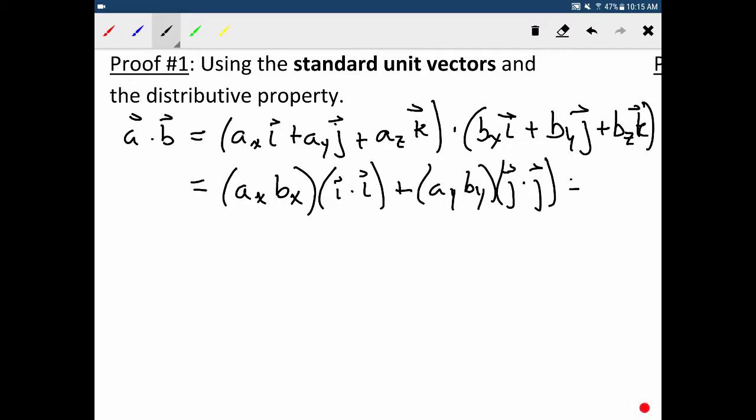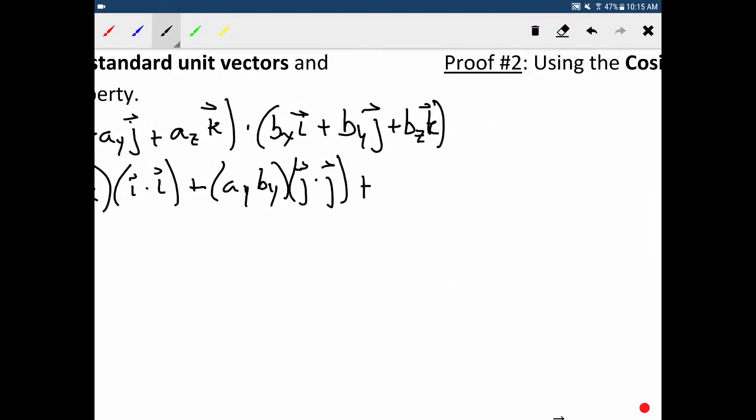Plus, and this is just using the properties that we talked about yesterday. I mean, we talked about them quickly, but it works the same. And that's times k dot k.